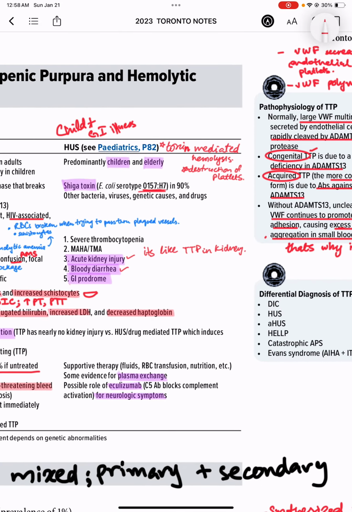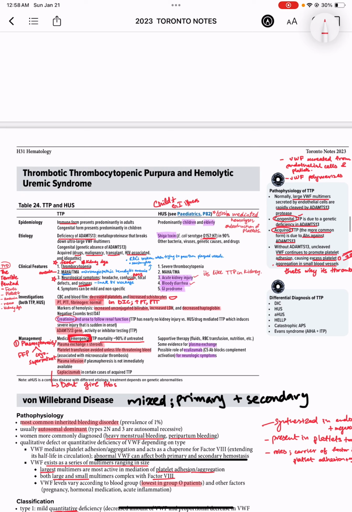So thrombocytopenia and hemolysis, both of them would be the same. So we would find increased bilirubin, decreased haptoglobin, and increased LDH, because hemolysis is going on, and decreased platelets and increased schistocytes. And PT-PTT would be normal because there is no problem with the coagulation cascade. But creatinine and urea, the renal function, would be abnormal here, and bloody diarrhea.